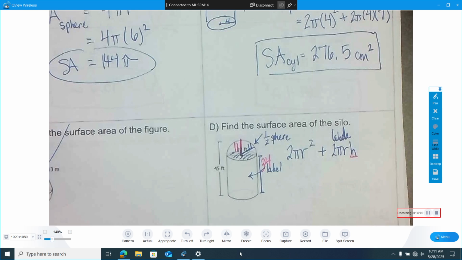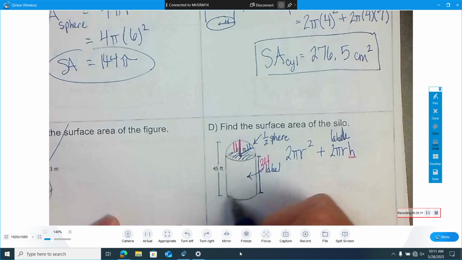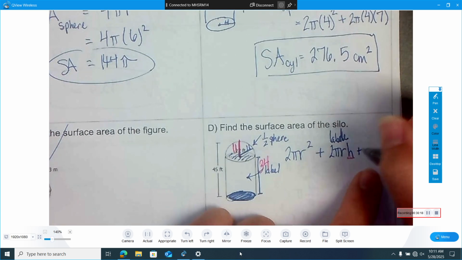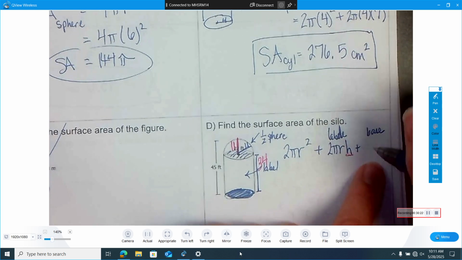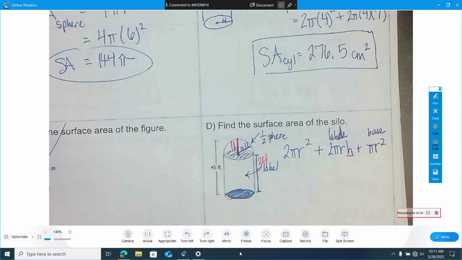And then the last thing that we need is this base. We do need the area of this bottom piece. So plus the very base, there's only one circle at the bottom, and that area would be pi r squared. Okay, so when you're thinking about surface area, you're just really having to think about all the little parts that make up the figure, the outer surfaces.